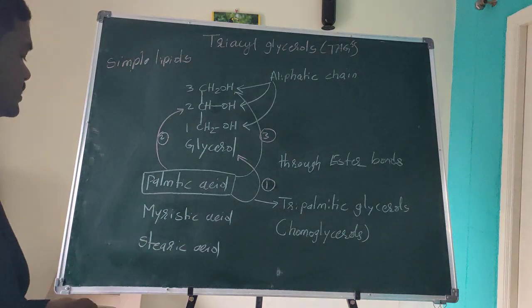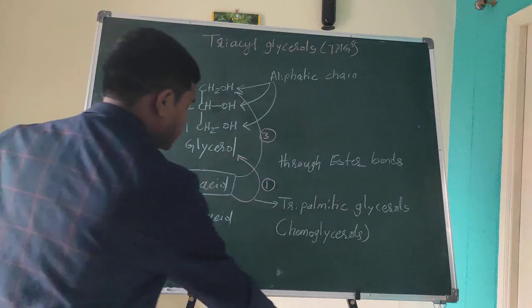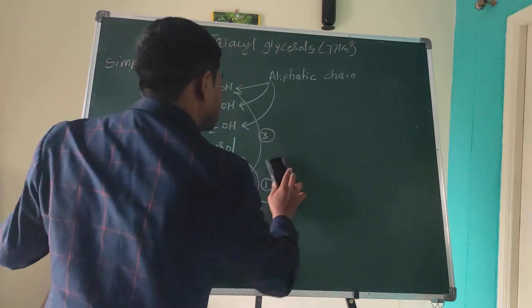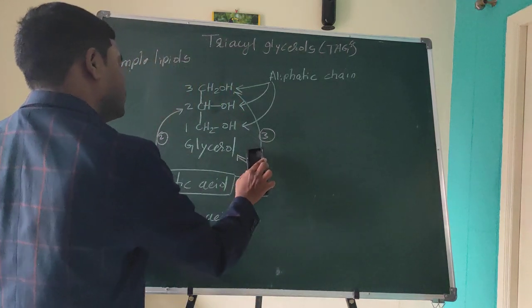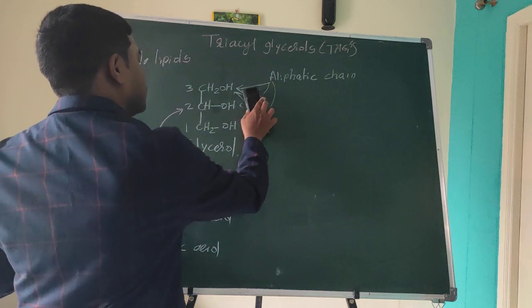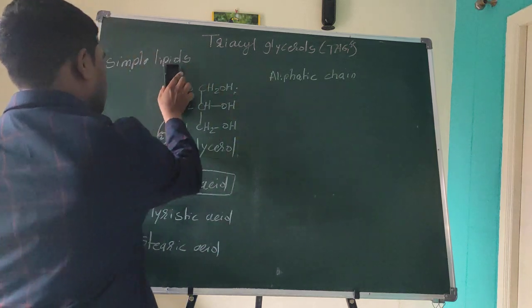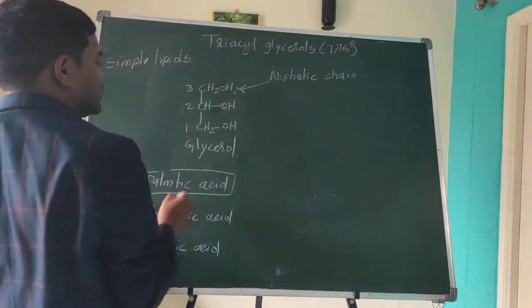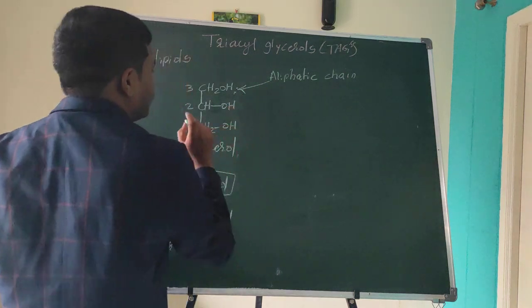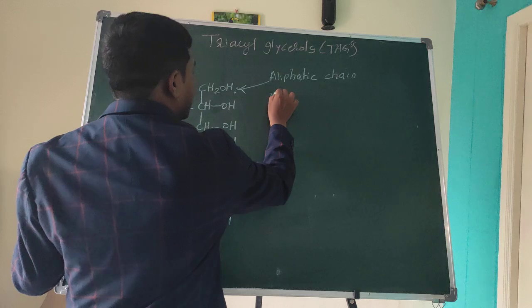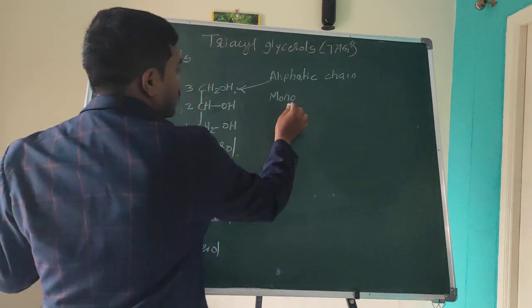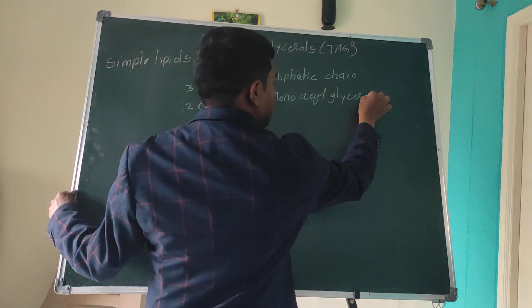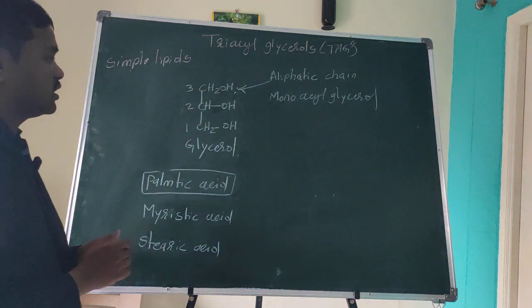If the aliphatic chain is at only one position, the third position, then it is called monoacylglycerol.